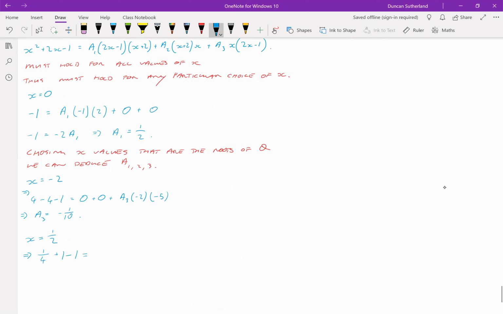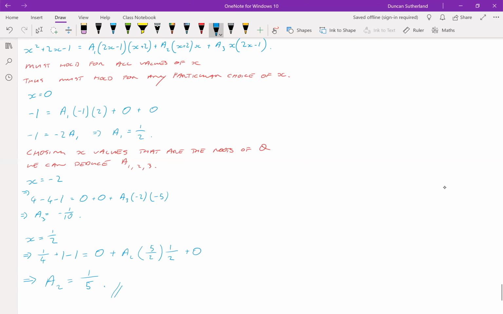A1, that term's going to disappear because it's got a 2x minus 1 in it. A2 is going to survive because it doesn't have that term in it. So that's going to be 2.5. And this fairly obviously implies A2 is 1/5 when you cancel out the factor of 1/4.